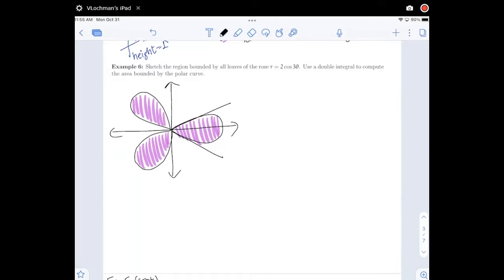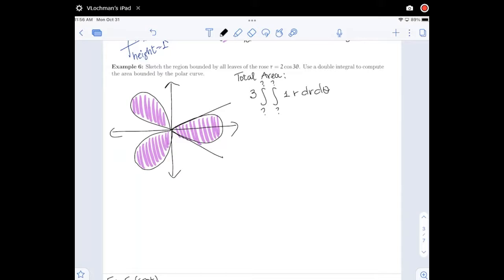Okay, so the general setup would be what? The total area would be 3 times some double integral 1 r dr d theta. Okay, so something is going to go here and something is going to go here, right? So that's the question. What are we going to put in those limits?